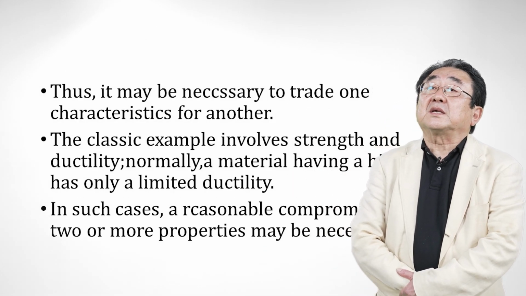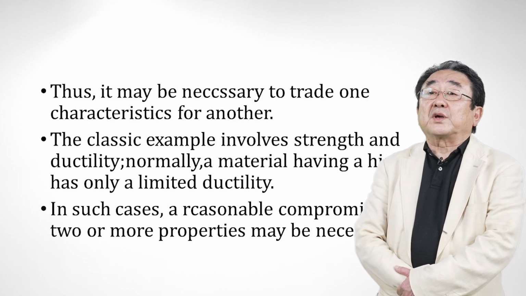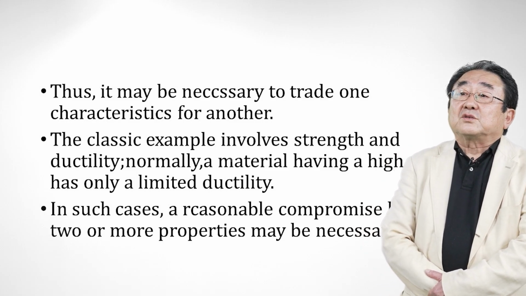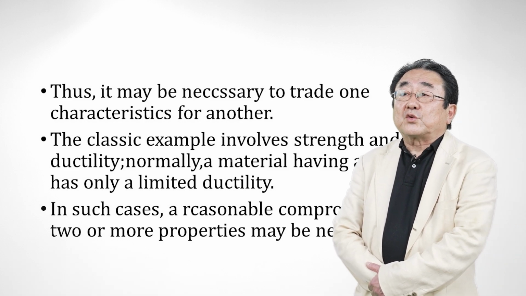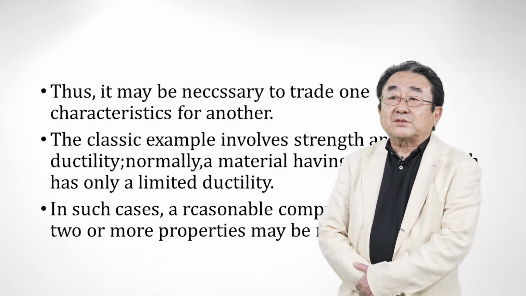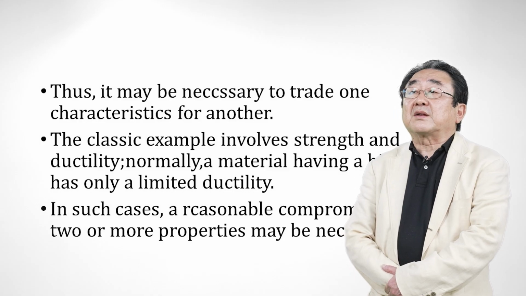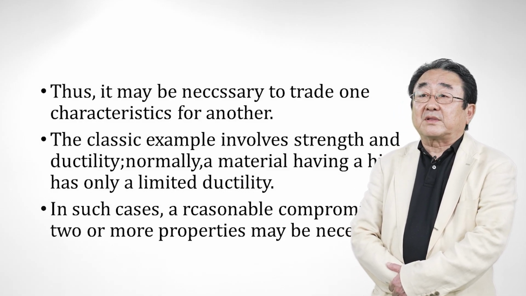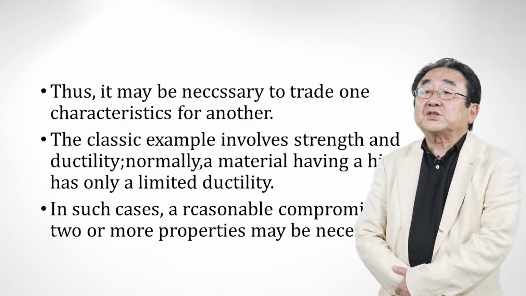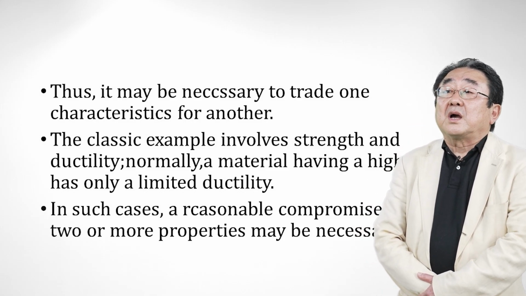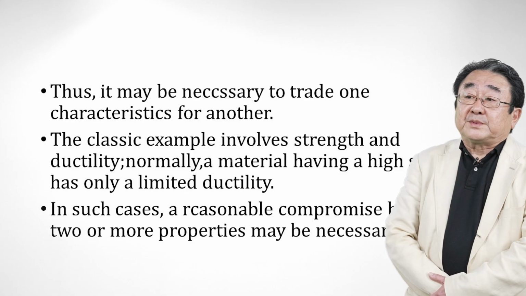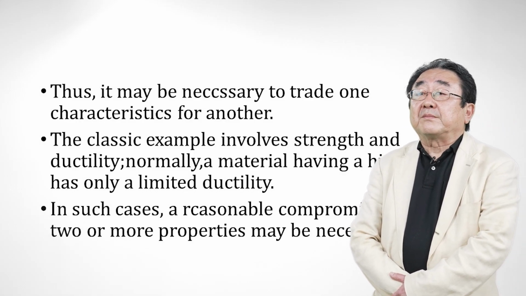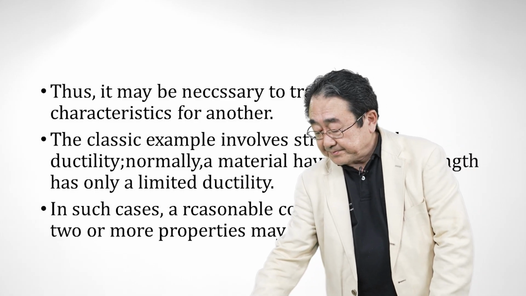Thus, it may be necessary to trade one characteristic for another. A classic example involves strength and ductility. Normally a material having high strength has only limited ductility. In such a case, a reasonable compromise between two or more properties may be necessary.